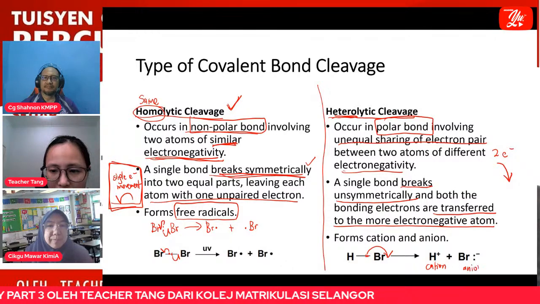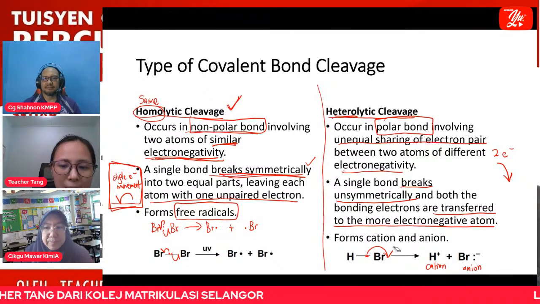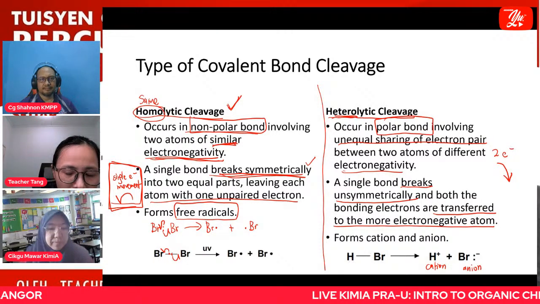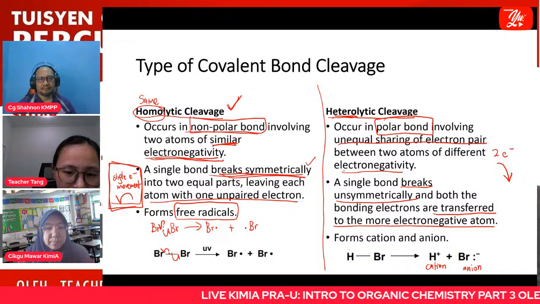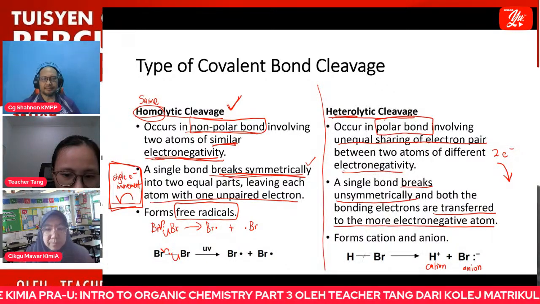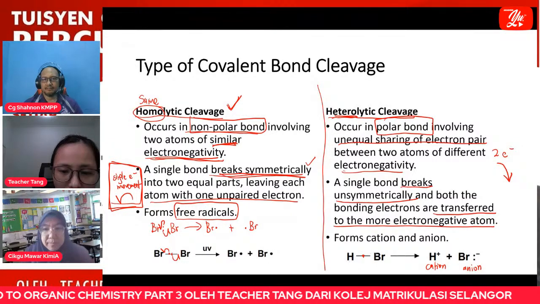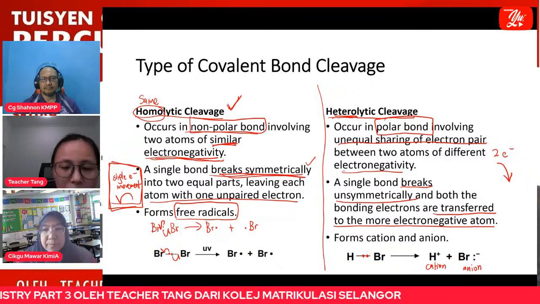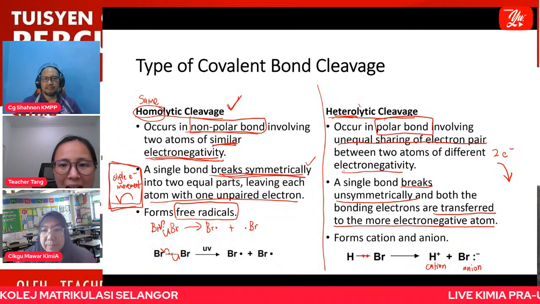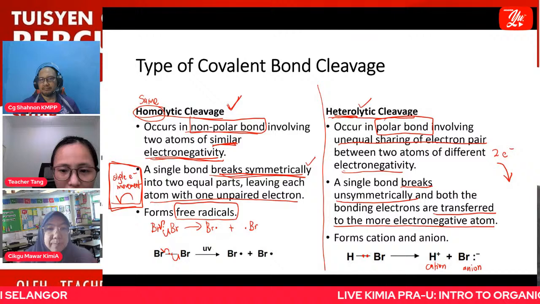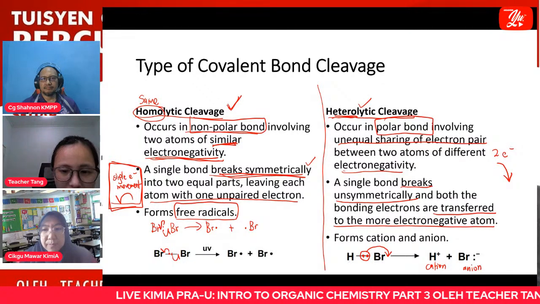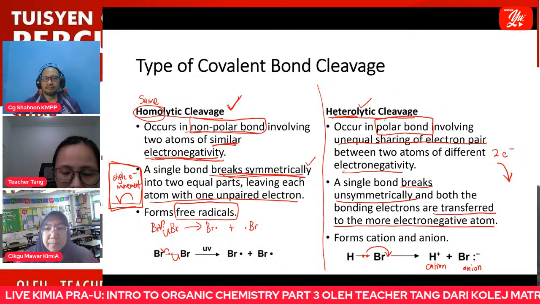So why do we get a cation and an anion? To form this covalent bond, hydrogen contributes one electron for sharing, and bromine also provides one electron for sharing. But in heterolytic cleavage, when the bond breaks, both electrons are taken by the bromine.